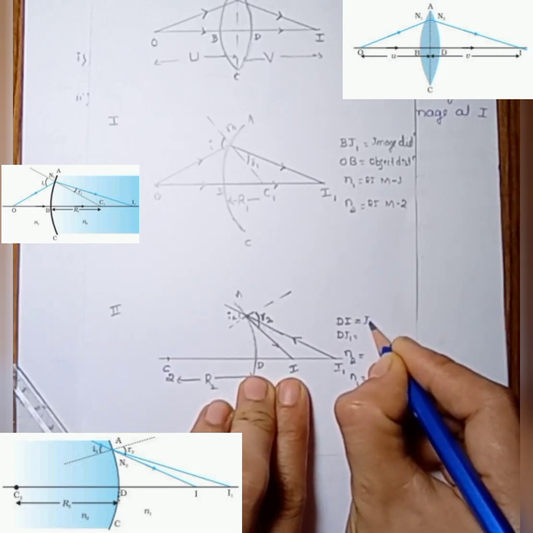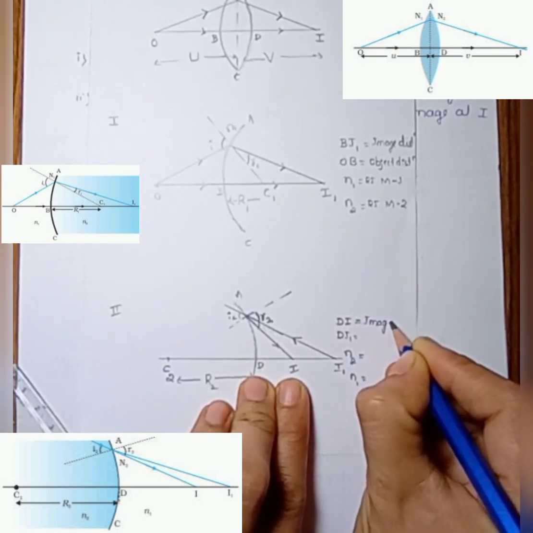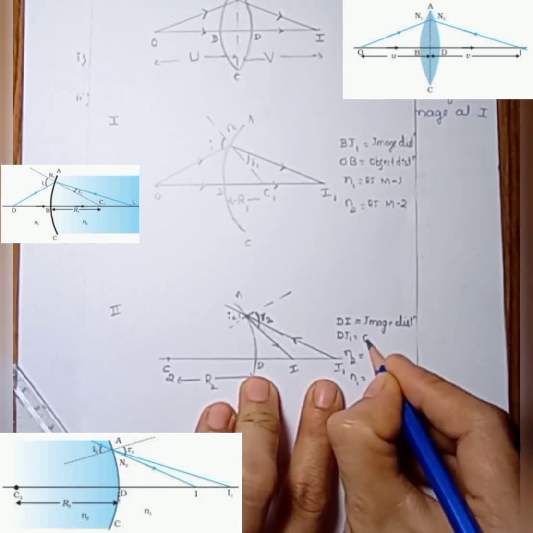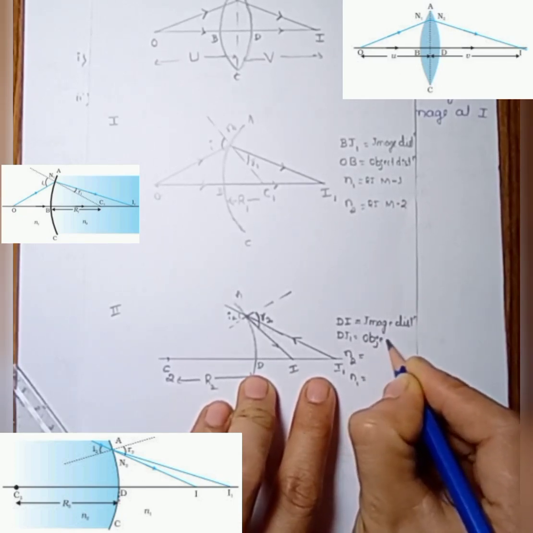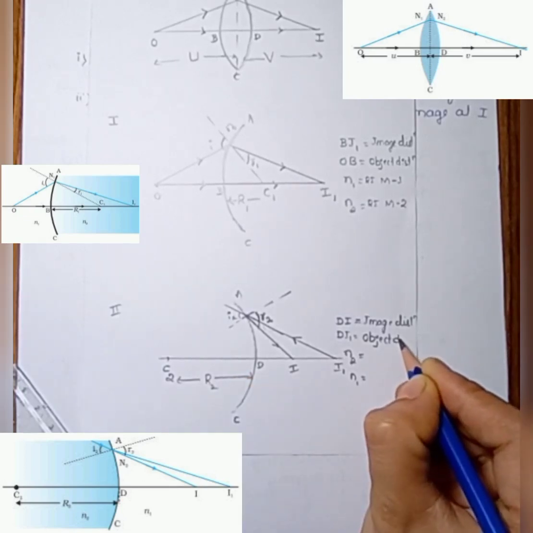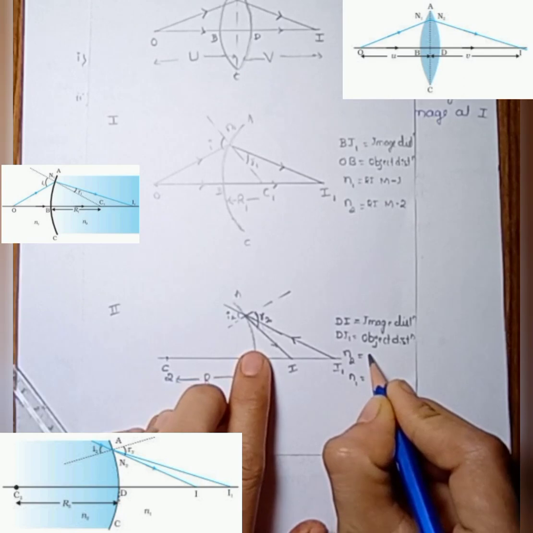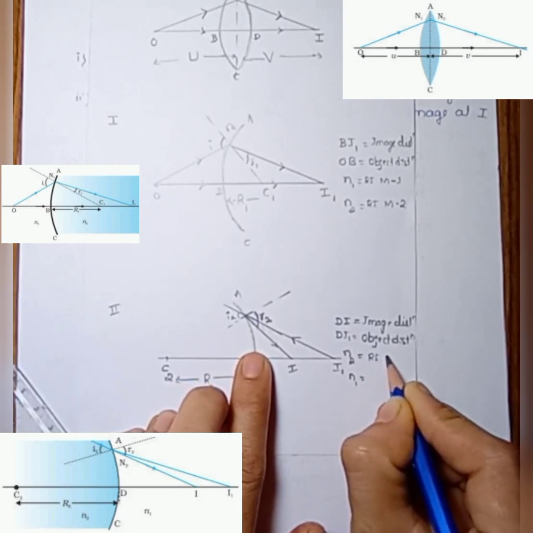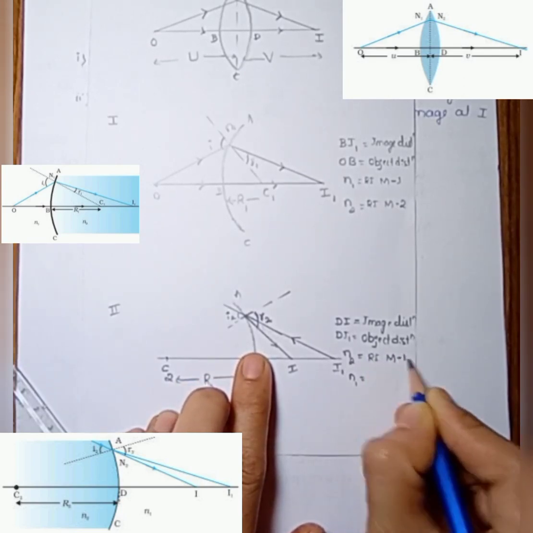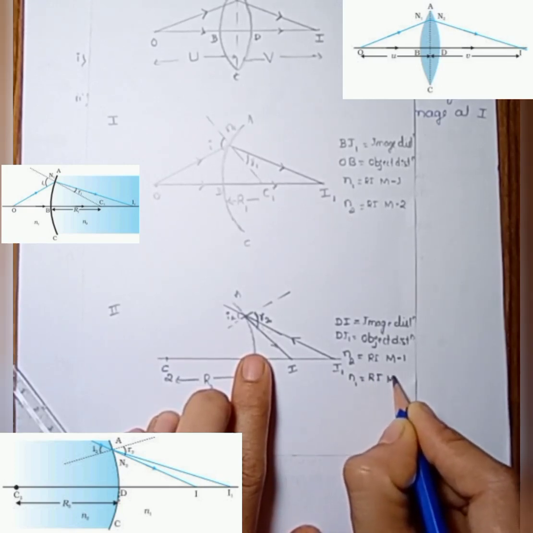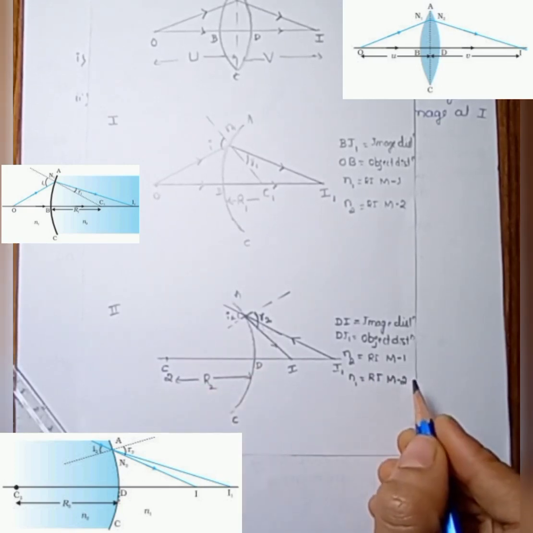DI gives the image distance, DI1 gives the object distance, N2 gives the refractive index of medium 1, and N1 gives the refractive index of medium 2.